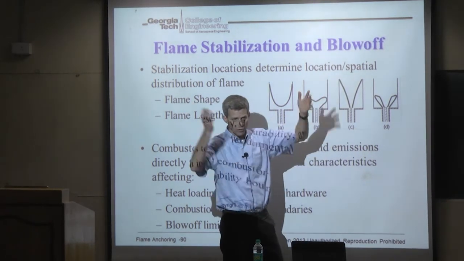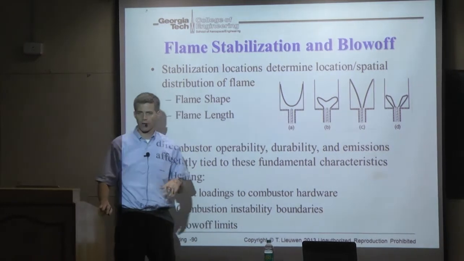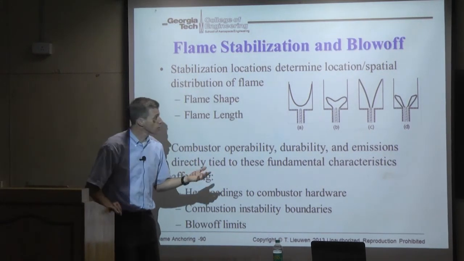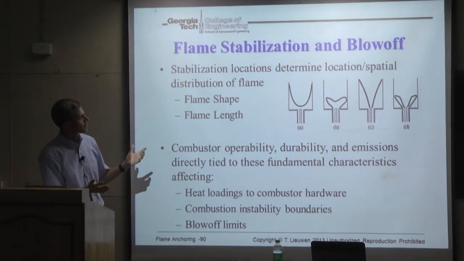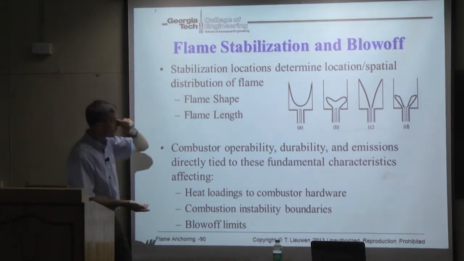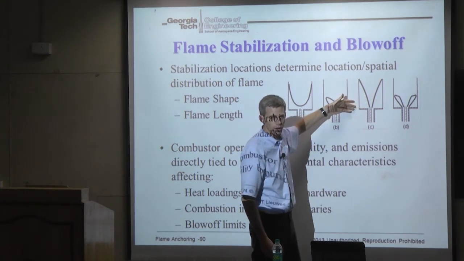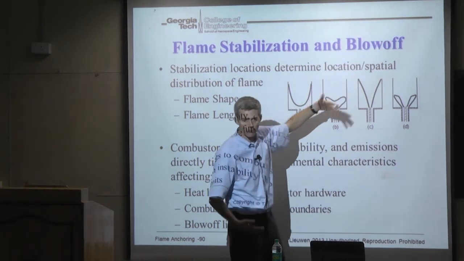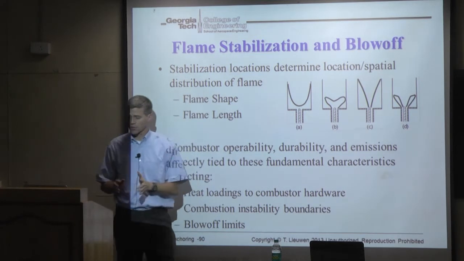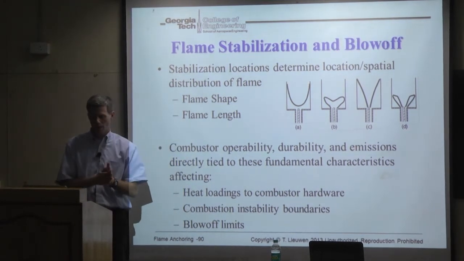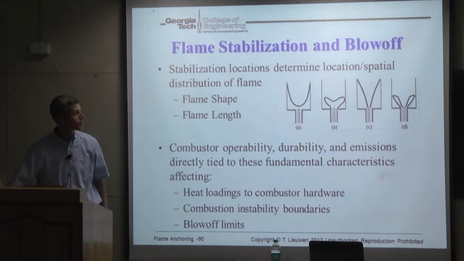It's going to take twice as long to consume all that same amount of reactants. And so you're going to see a completely different length of the flame. Therefore, if you had thermocouples along the wall, you would see the temperature distribution be quite different. And these are not smooth continuous changes, they're discontinuous changes.